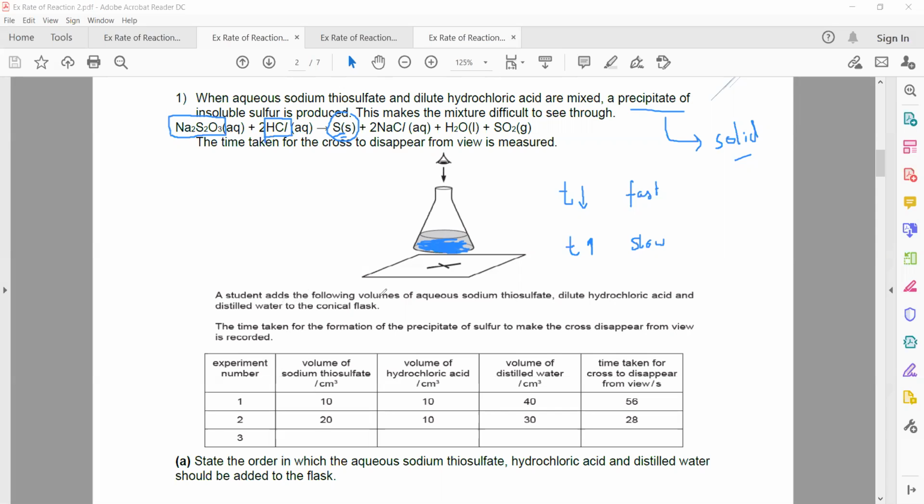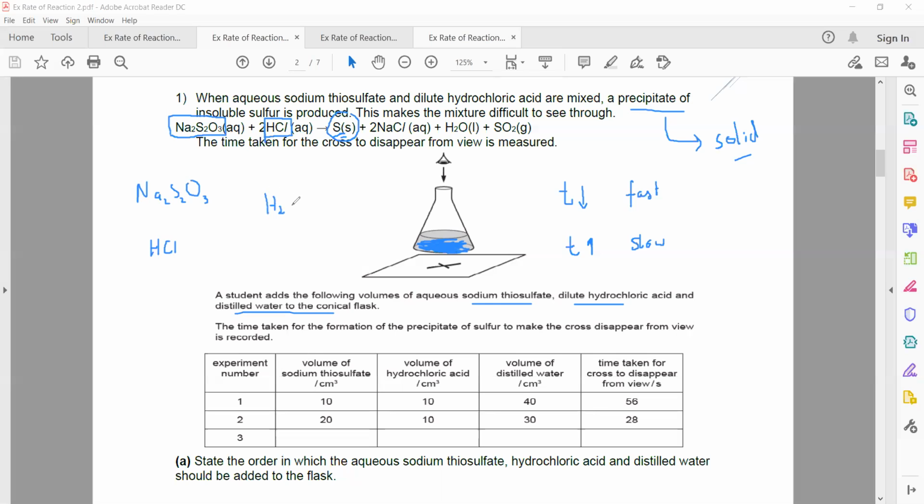A student adds the following volumes of sodium thiosulfate, hydrochloric acid, and water in a conical flask. So what he did, he used sodium thiosulfate, Na2S2O3. Then hydrochloric acid is there, and water.